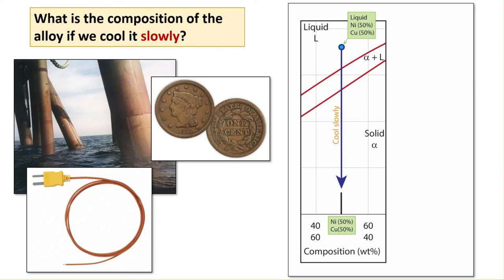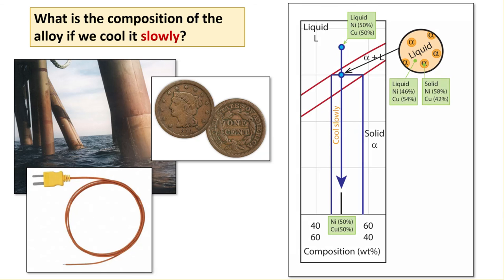Let's first see what happens if we cool the alloy slowly. We will start with a liquid that is 50-50. Then very slowly, we will start to cool it. When it crosses the solid-liquid region, some solid will form.